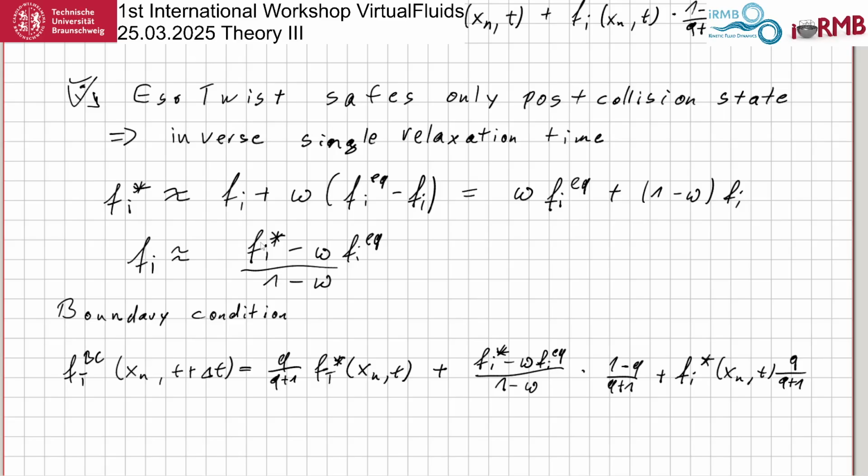Then we go over all the 26 queues and see whether they are in between 0 and 1. And if they are, then they have a boundary there, and then we apply the boundary condition there.